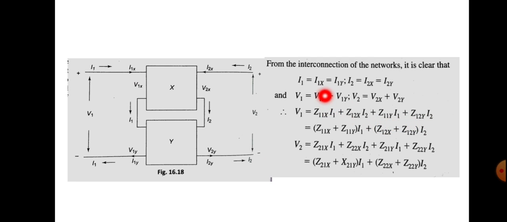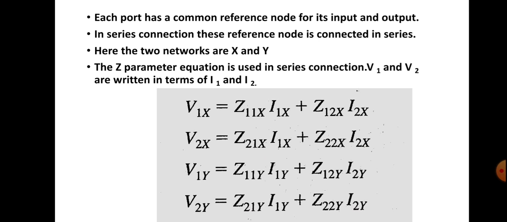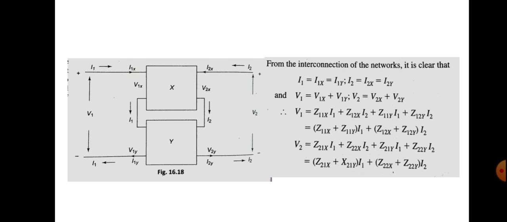Here you are replacing I1X and I1Y by I1, and I2X and I2Y by I2, substituting into the equations for V1X and V1Y. In both equations, you can substitute for I1X, I2X, I1Y and I2Y, so you will get the equation like this.